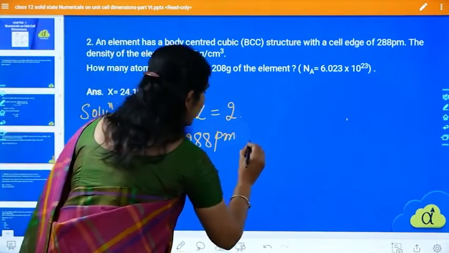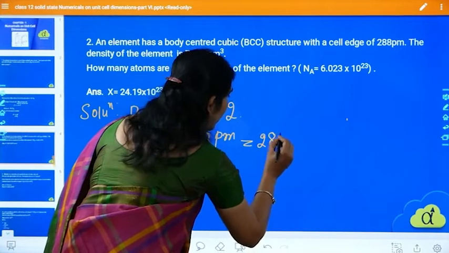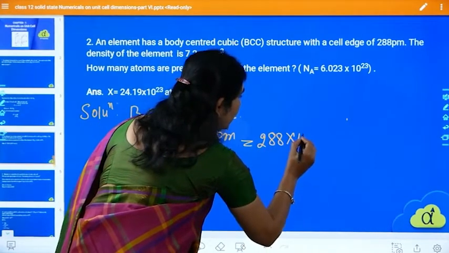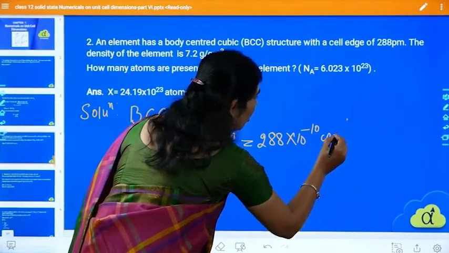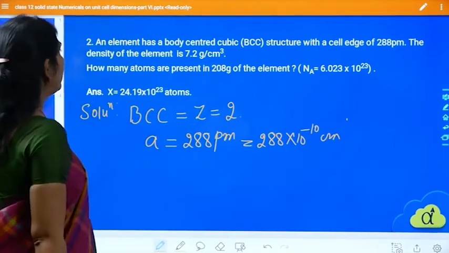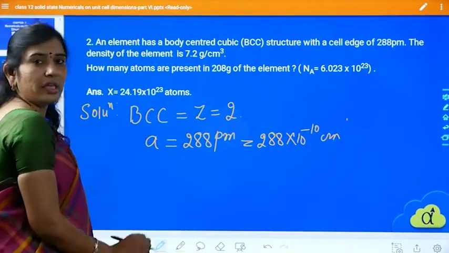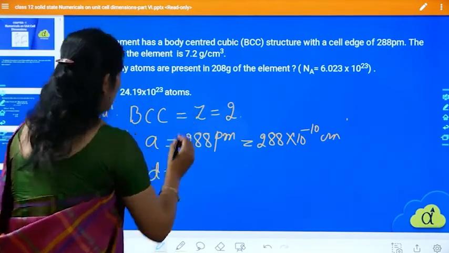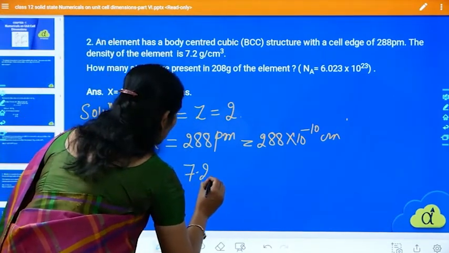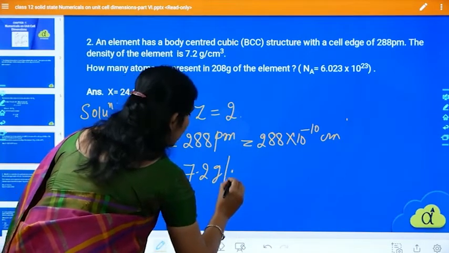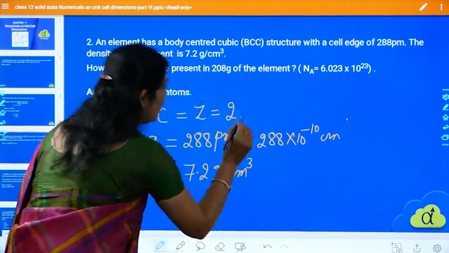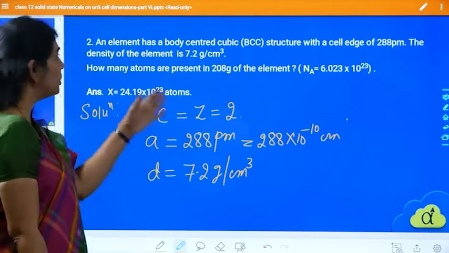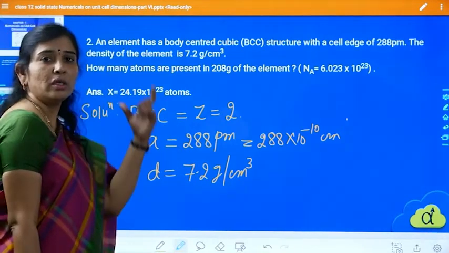So 288 into 10 power minus 10 centimeter. Always you have to convert. Then density is given. Density D is equal to 7.2 grams per centimeter cube. So these are the data, the values given in the numerical.